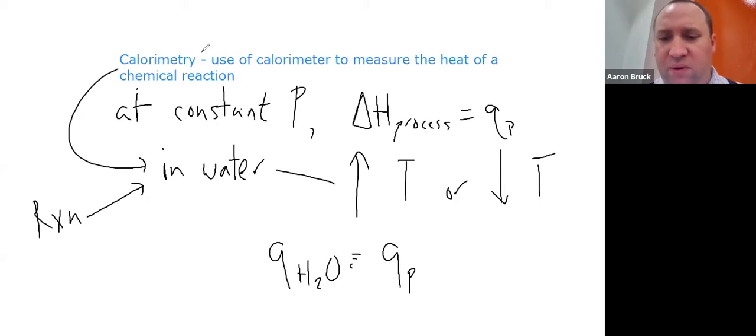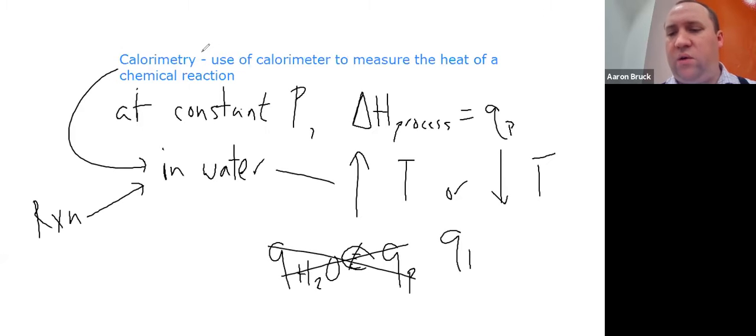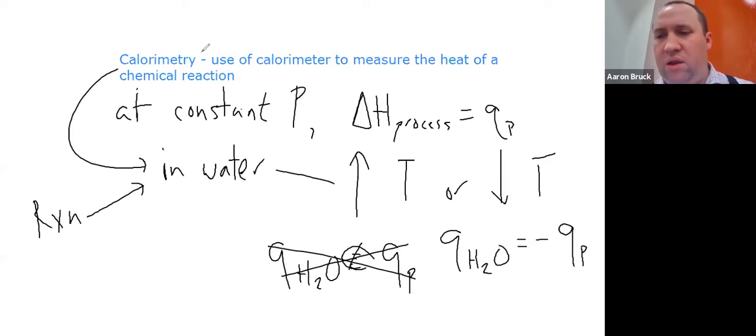But the relationship here is not as simple as it appears. In fact, it's not that they are equal to each other directly, but rather they are equal to each other in opposite. The change that is going on inside of the water is the opposite of the reaction itself.